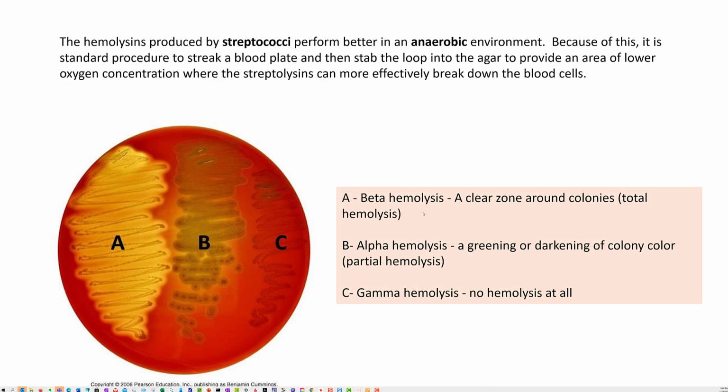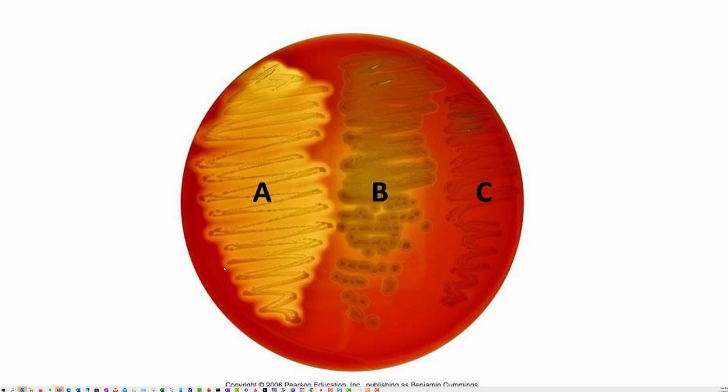Alpha, beta, and the beta is here. This is greenish, so that is alpha, and then C is gamma. So this is clearing, goldish color, and that is what?